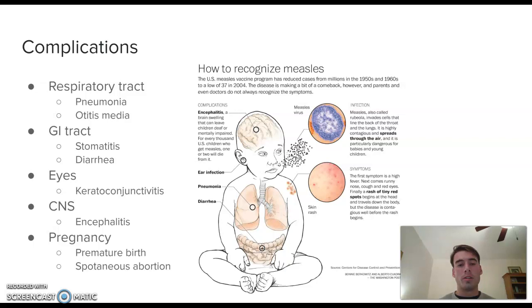However, in malnourished children or in children with vitamin A deficiencies, that mortality rate will go up to 1 in 4 cases, or even 25% of people will die if they are infected with measles.